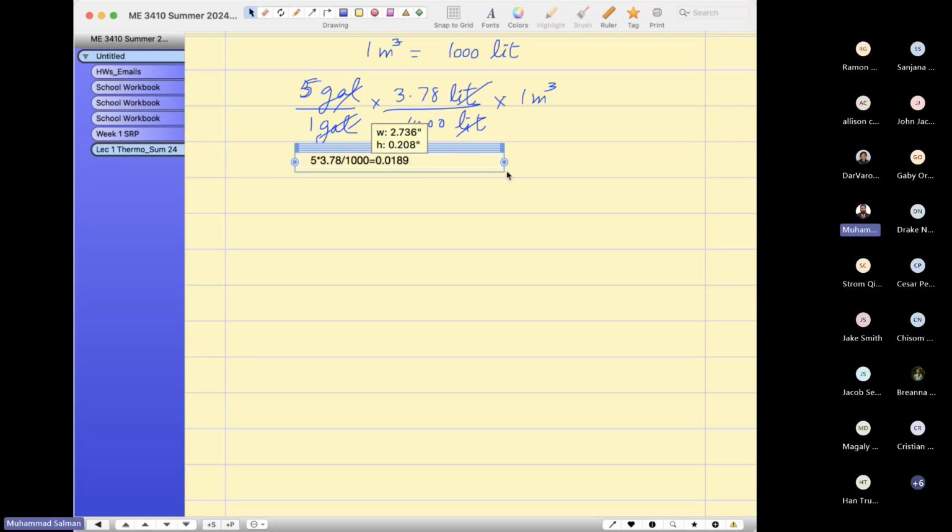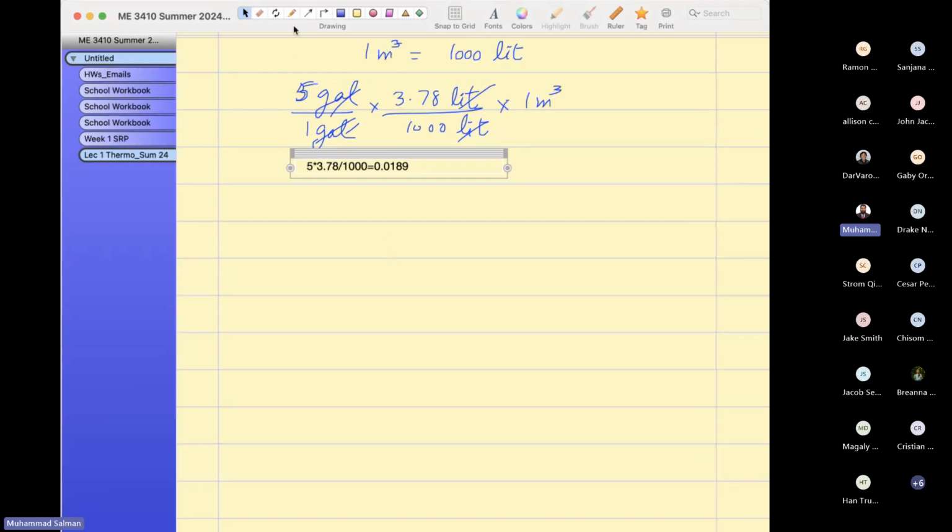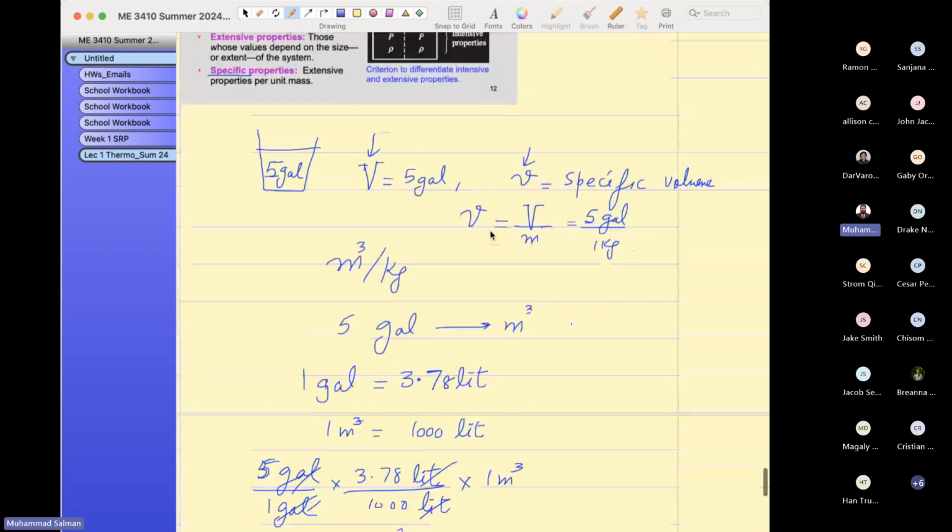So it is the specific volume, 0.0189. The same concept by Brina. Yes, thank you. Okay, that's good. So this is the specific volume. This is how you will find out the specific volume of a fluid in your problems.